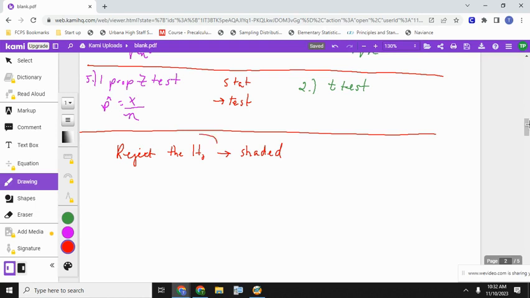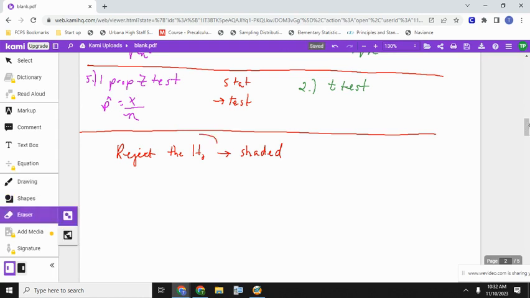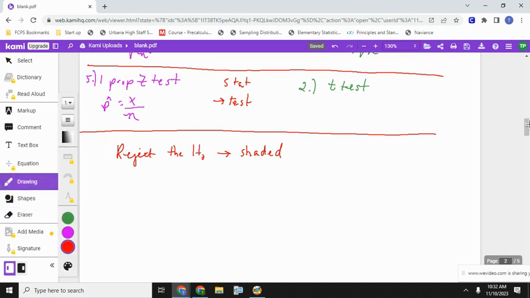You're also going to reject the H0, remember, if your p-value, which is written on your calculator, is less than your alpha. Remember, we default alpha to 5%, and we default confidence intervals to 95%.